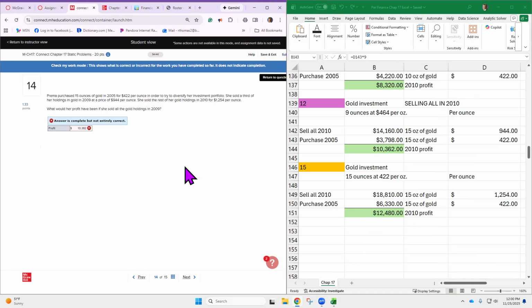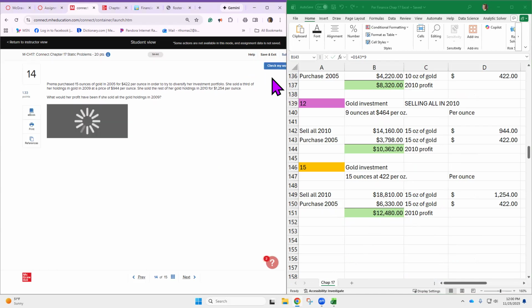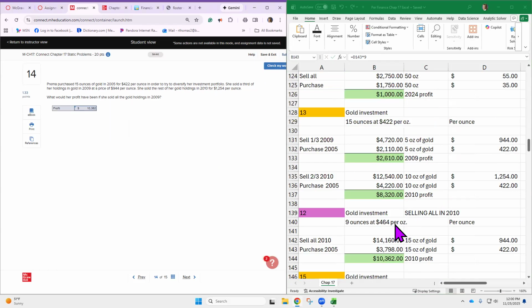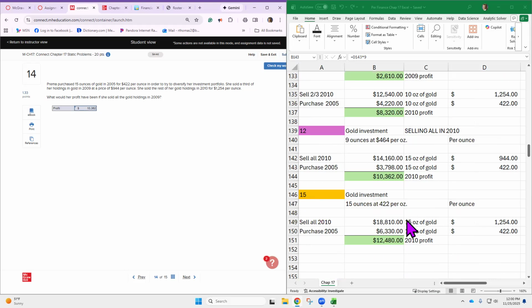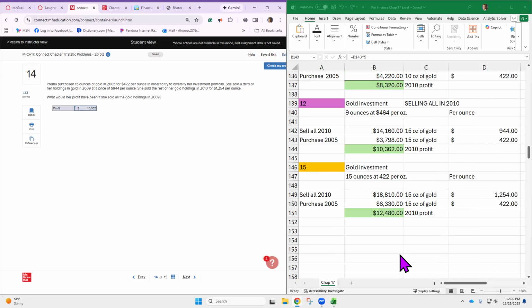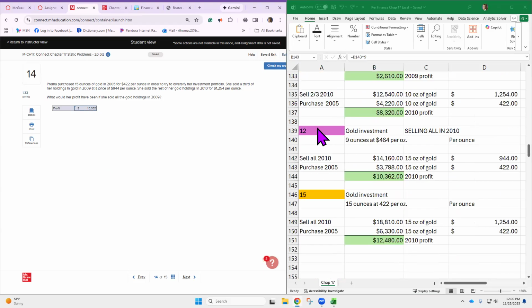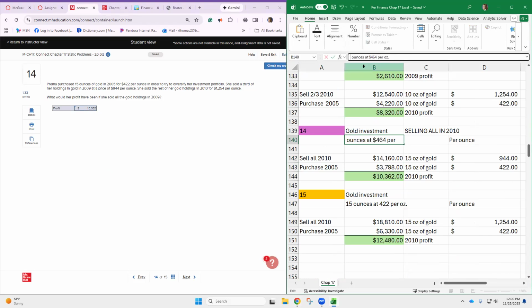Okay, $10,362. And then I think the last one is, well, what if she would have sold it all in 2010? Uh-oh, hang on. What does it say here? I probably messed up something here. Let me try it. Okay, one more time. 15 ounces times 422. We're using that same problem each time, 422.